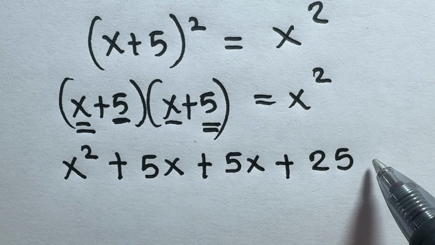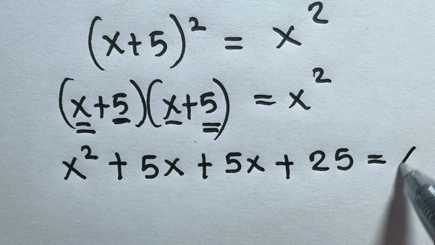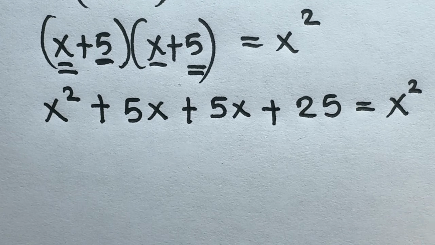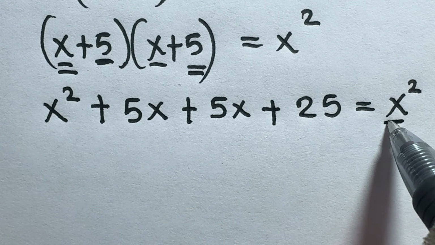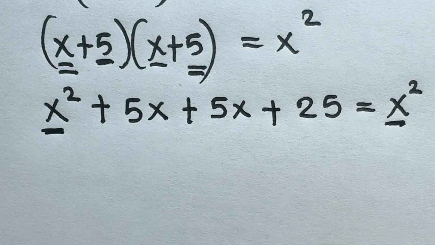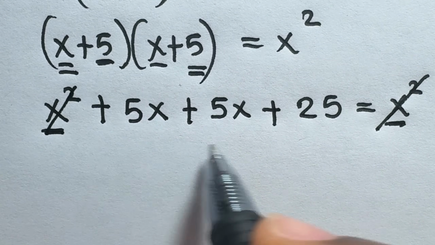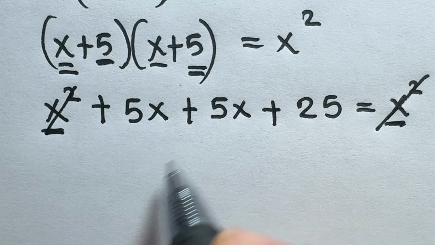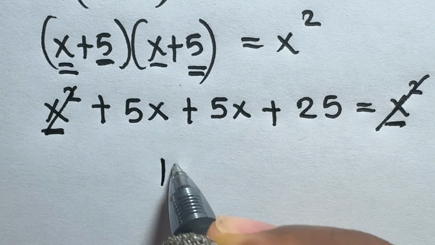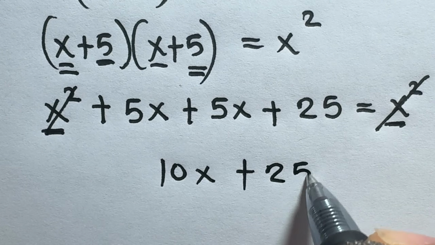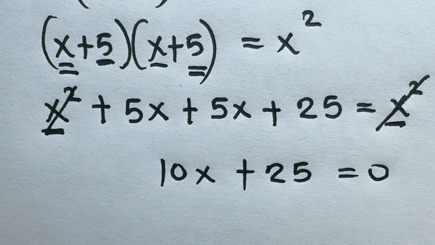And now equal to x squared. We have x squared on the right and x squared on the left, so we can get rid of x squared on both sides, leaving us with 5x plus 5x here. This will give us 10x plus 25 is equal to 0.